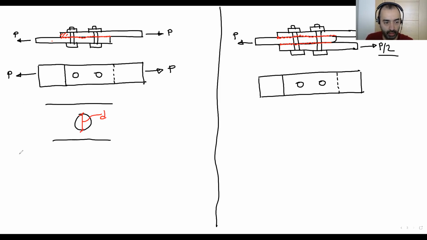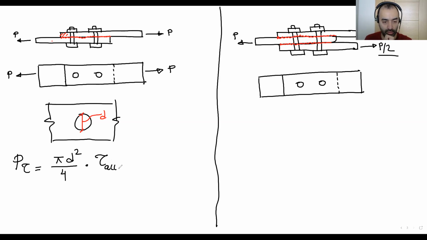So this is the area of the bolt, times the allowable shear stress. This is the total one bolt shear capacity.